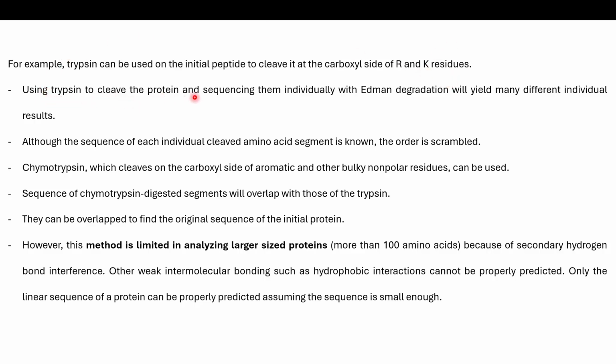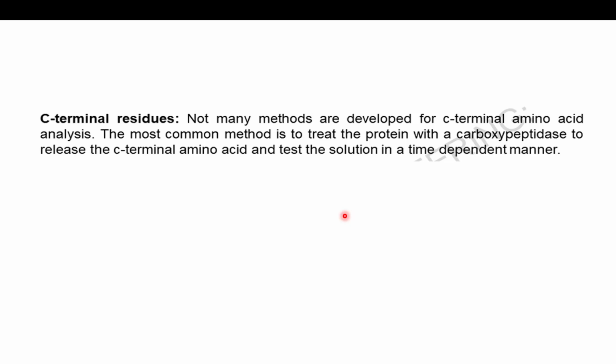Using trypsin to cleave the protein and sequencing the fragments with Edman degradation yields many different individual results. Similarly, chymotrypsin will cleave on the carboxyl side of aromatic and other bulky nonpolar residues. And if you see the overlapping fragments, you will be able to deduce the full polypeptide chain.